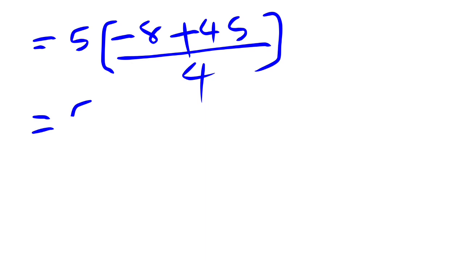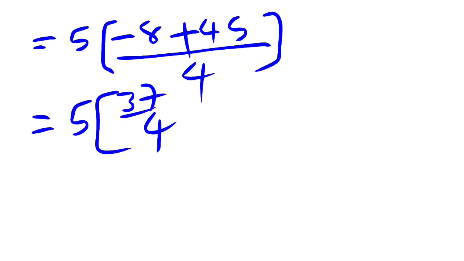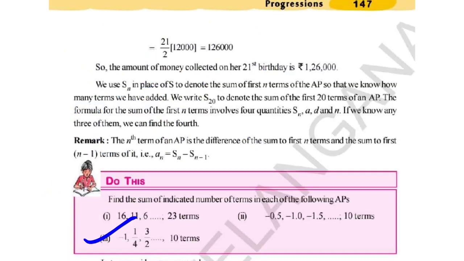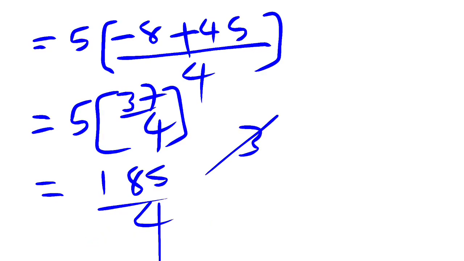So it equals 5 into minus 8 plus 45, 37 divided by 4. So 5 into 37 by 4: 5 sevens are 35, 3 carry, 5 threes are 15 plus 3 is 18. So 185 by 4. So the sum of the first 10 terms of the AP is 185 by 4.